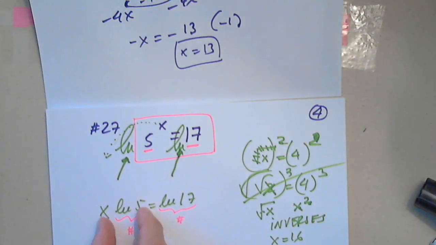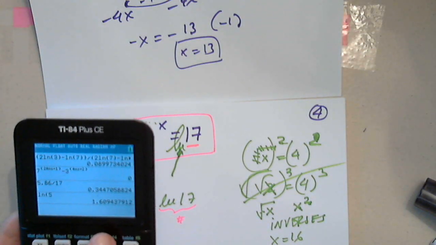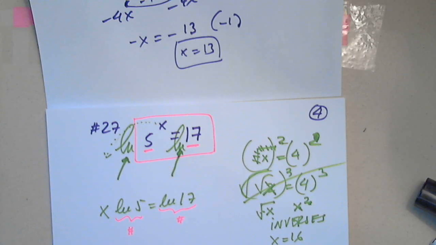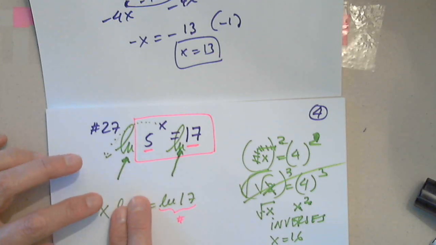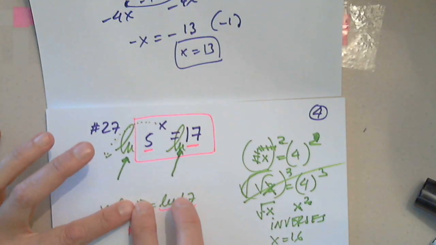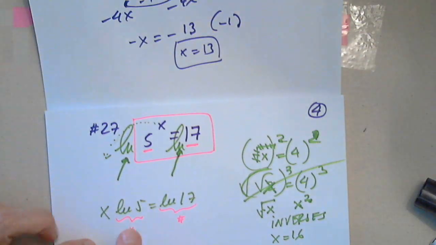But we have to keep it like this because this is exact and this is an approximation. Don't get thrown off by the fact that this 5 has this function in front of it. It's still a number. These two are together. You cannot separate them. Natural log 5, natural log 17. A number, a number. So then how do I solve for x? Well, of course, I'll divide this number by that number. And I'm done.